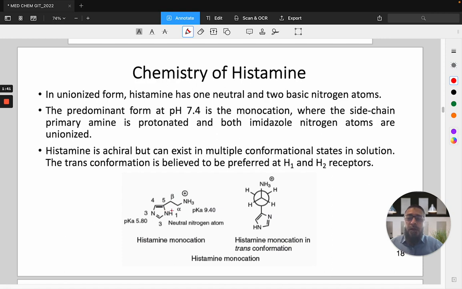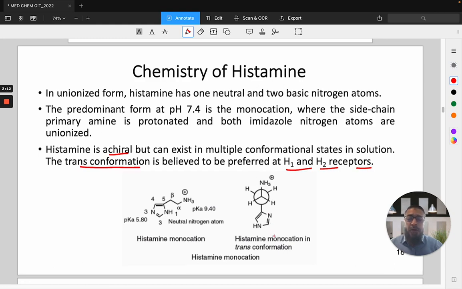Histamine is actually an achiral molecule, but it can exist in multiple conformational states, in which the trans conformation is believed to be preferred for the H1 and H2 receptors. Meaning that they have the staggered conformation for binding with the H1 and H2 receptors. So this is the trans conformation of the histamine molecule.